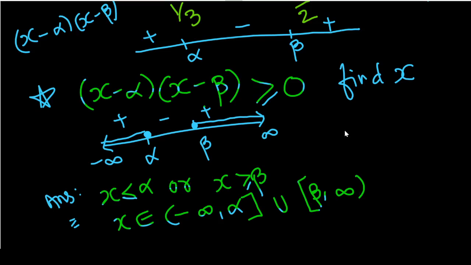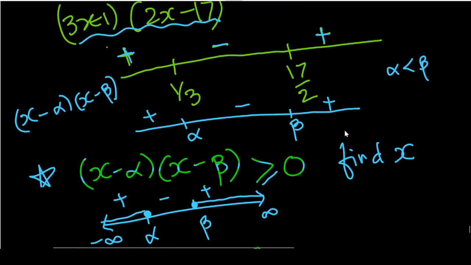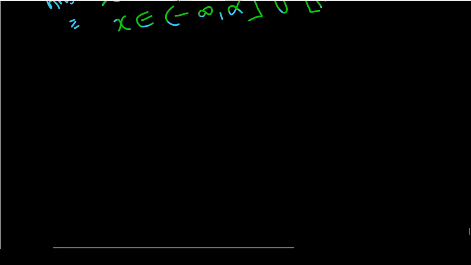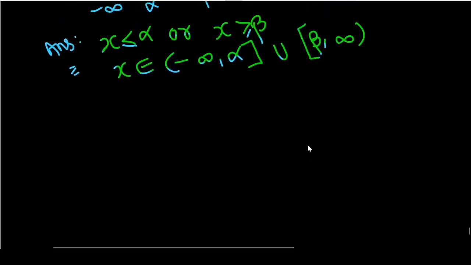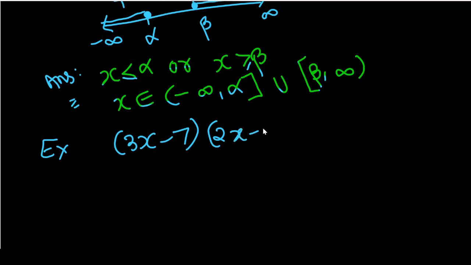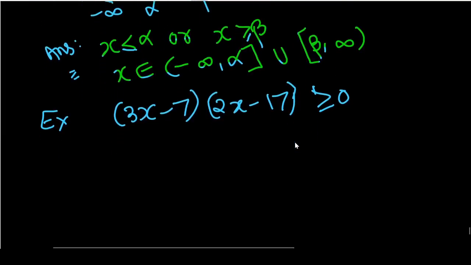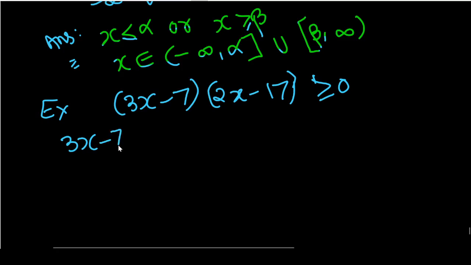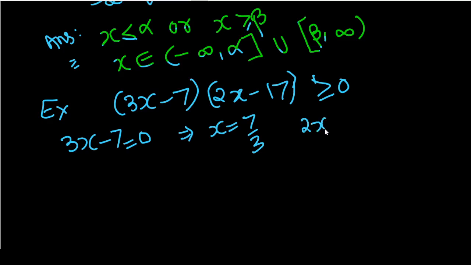Okay, so let's take an example, previous example, 3x minus 7, 2x minus 17 greater than equal to 0, if the question is, guys, so as you can see, if you equate 3x minus 7 equal to 0, you will get x equals to 7 by 3, and if you equate 2x minus 17 equal to 0, you will get x as 17 by 2.